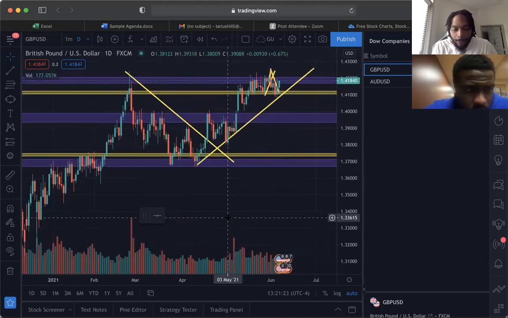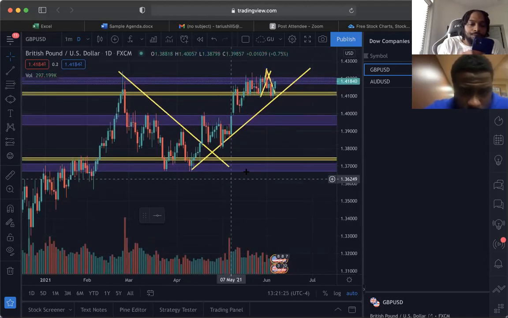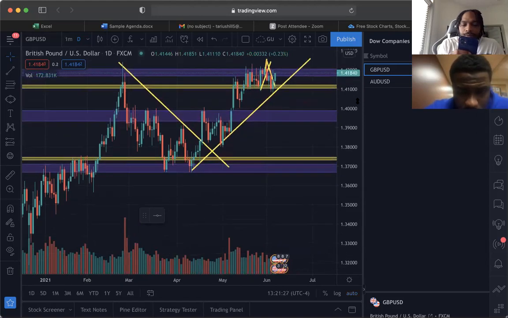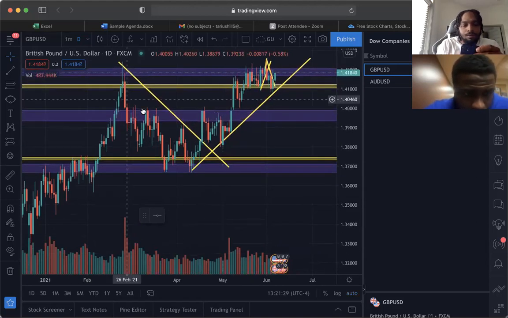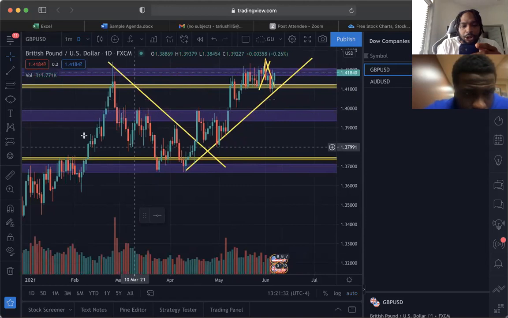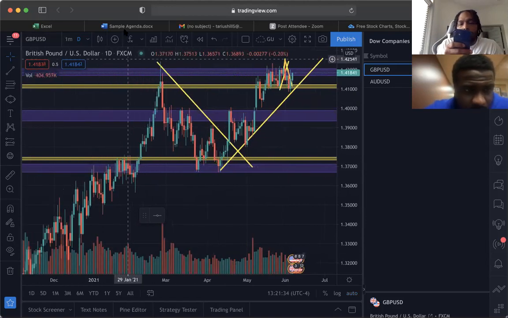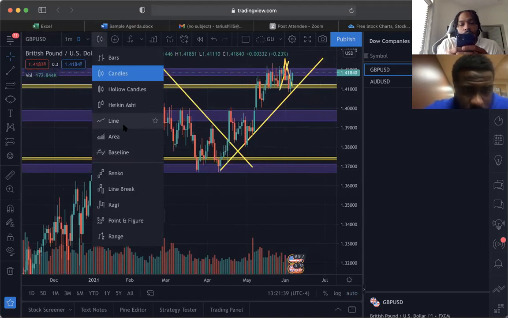So this is what GU, and this is what I marked up. Shit, I had my daily level set. Support and resistance.